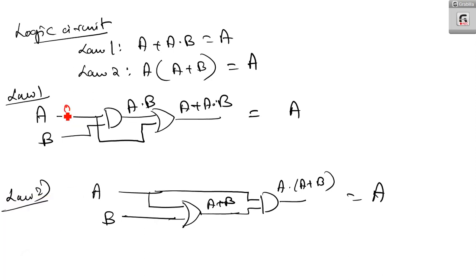If A is 0 and B is 1, what is A and B? A and B is 0. Here A is 0 itself. So what do we get? 0 or 0, that is 0. This 0 is same as this 0 itself.